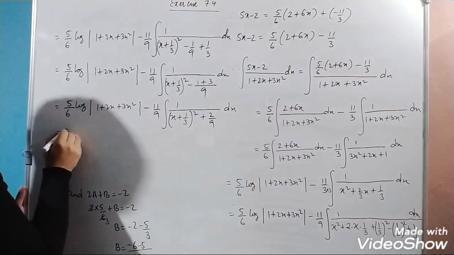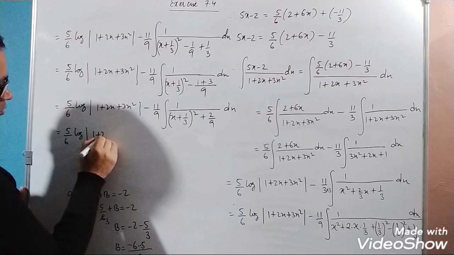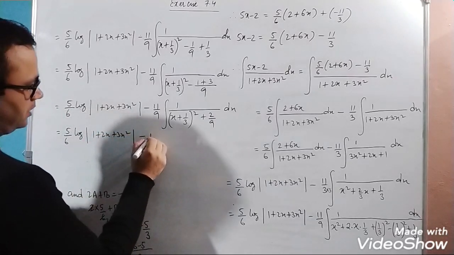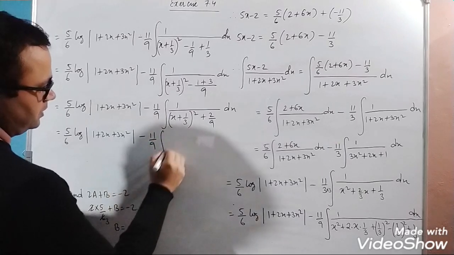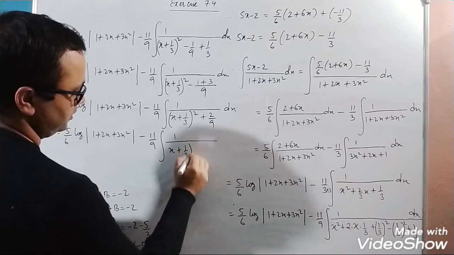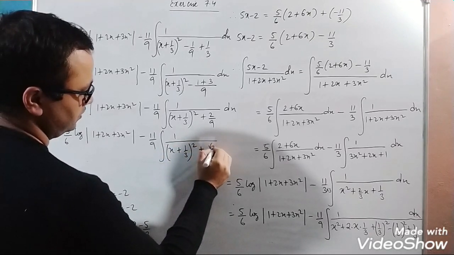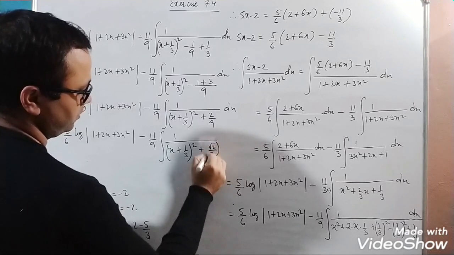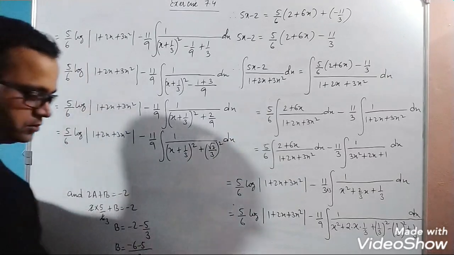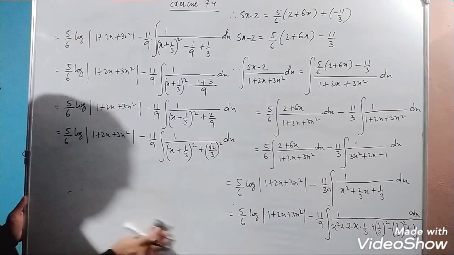So this equals 5 by 6 log 1 plus 2x plus 3x square minus 11 by 9 integration of 1 by x plus 1 by 3 whole square plus root under 2 by 3 whole square dx. Now we will be able to put the formula of integration of x square plus a square.